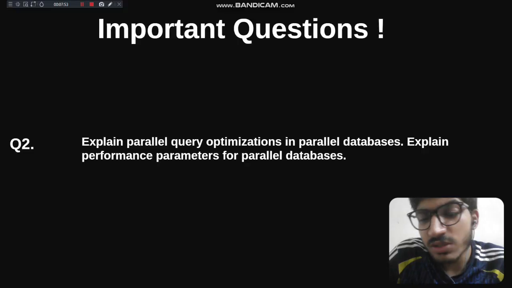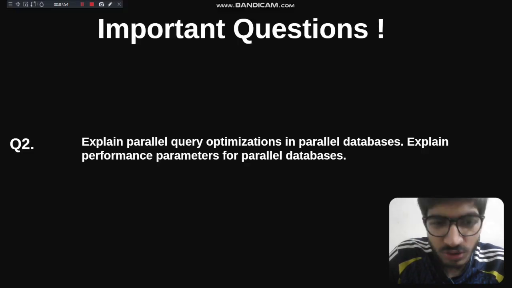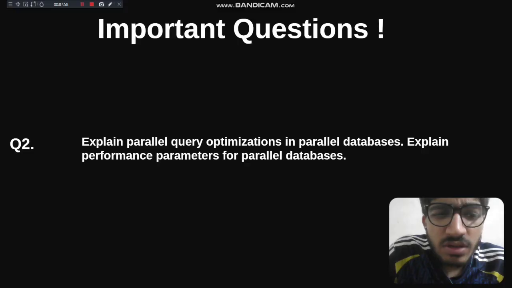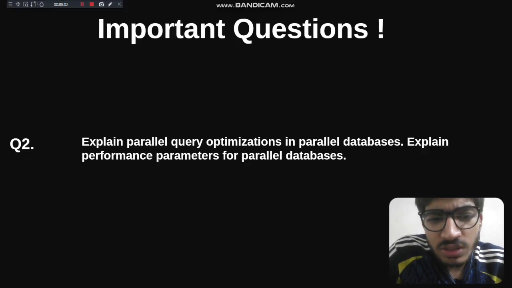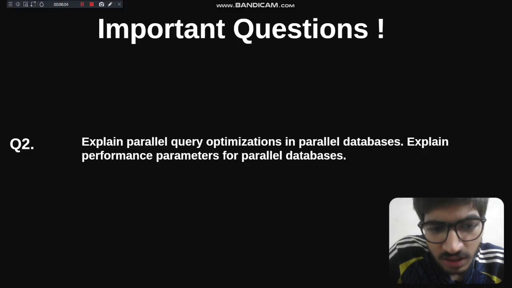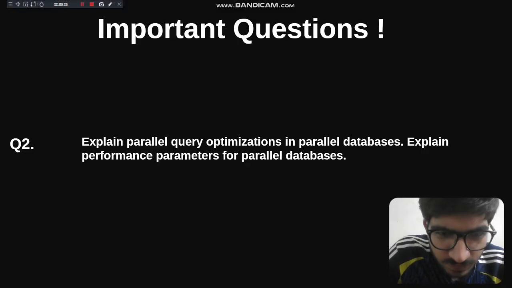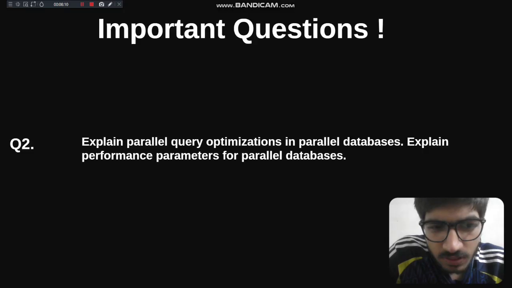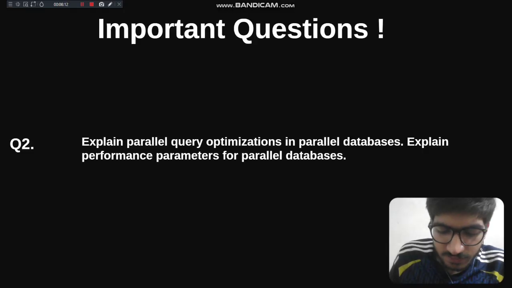Higher efficiency means good utilization of resources. Then fault tolerance. The ability to continue operations even when some nodes fail is important in distributed parallel environments. Okay, that is it.